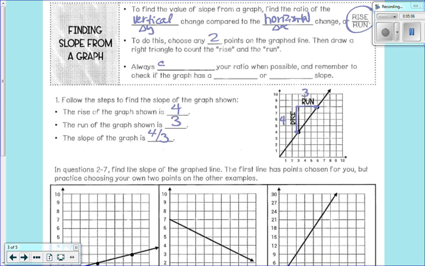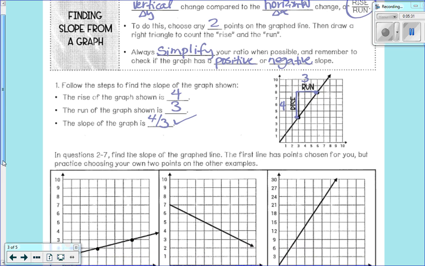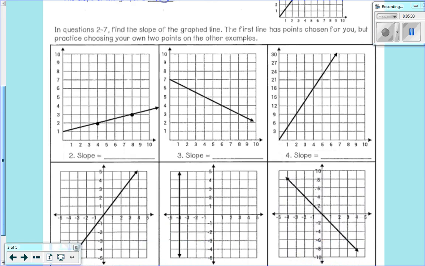Okay, you always do want to simplify if necessary. And remember to check if the graph is a positive or negative slope. Okay, and then remember we read a graph from left to right, so our line is increasing, and we do have a positive slope. All right, let's do another example together.